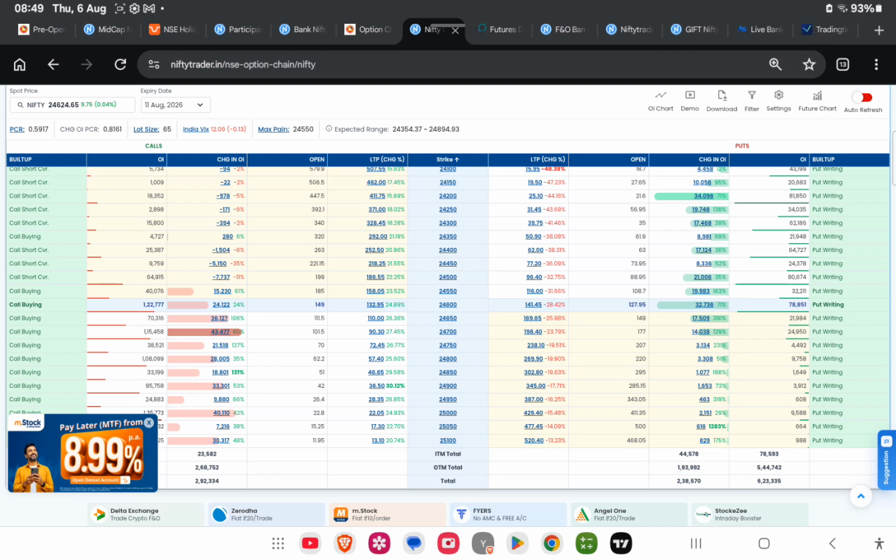Fine. So this is Nifty for 11th August. Lot size 65, IV is 12, max pain is at 550. So the expected range was between 800 to 400. PCR is 0.5. What to notice, I have circled it.